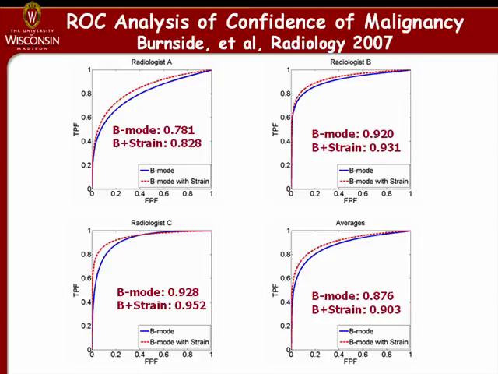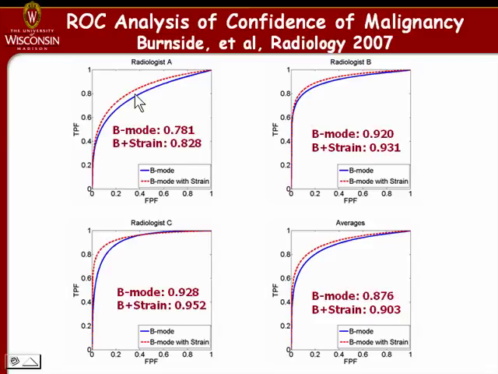An ROC curve plots the true positive fraction versus false positive fraction, and the area under the ROC curve is a measure of performance. We plot here the data for B-mode data alone as the blue curves and B-mode plus strain as the red dashed curves.